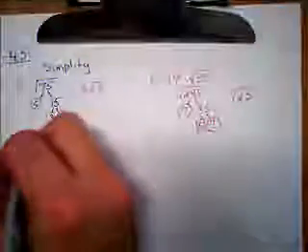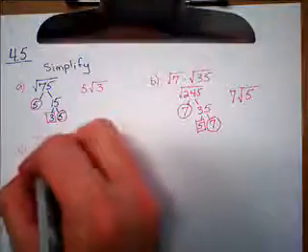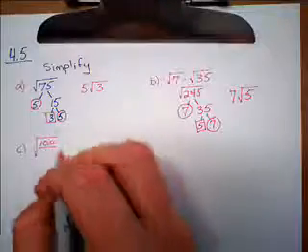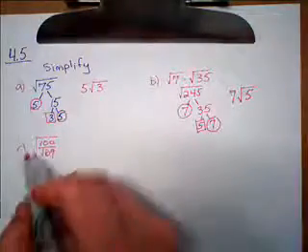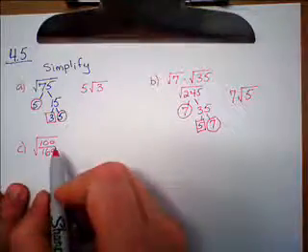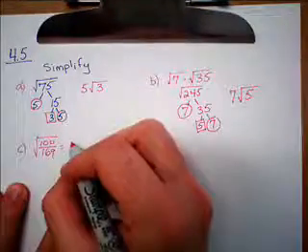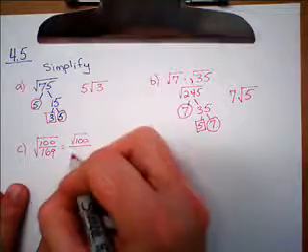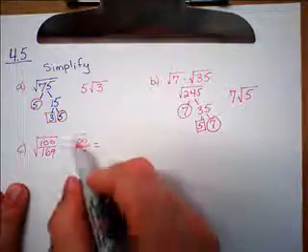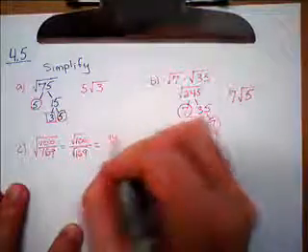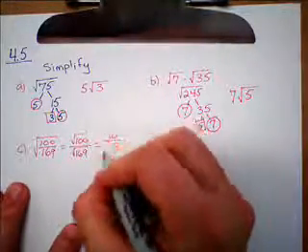Question C, very similar. We have square root of 100 over square root of 169. And if you have a radical engulfing an entire fraction, what you can do is separate that into 2 radicals, and then you just say, well, square root of 100 is 10, square root of 169 is 13.